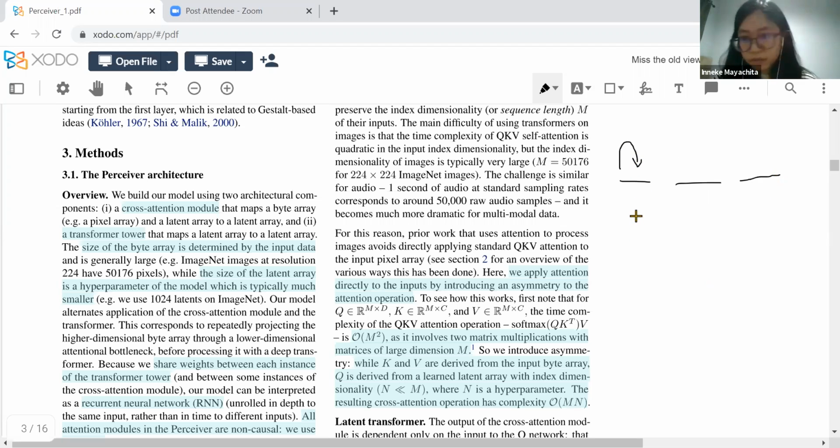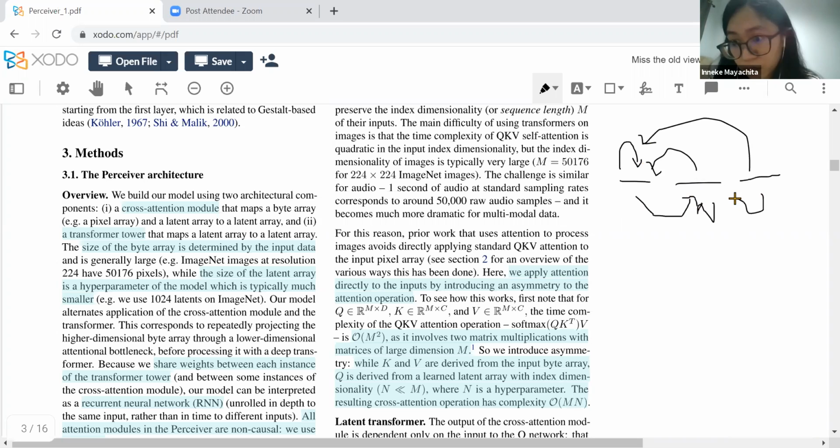Sorry for my horrible drawing. And then the second word is also going to attend to those words, and this is the first operation, and then we need to do that again for the second word. Like the first word is going to attend to the second word, it's also going to attend to itself, and the third word.